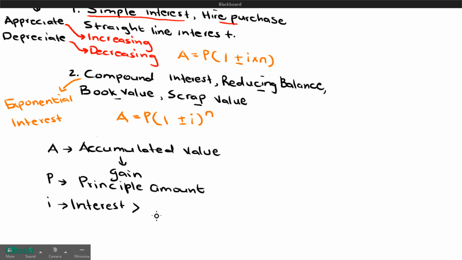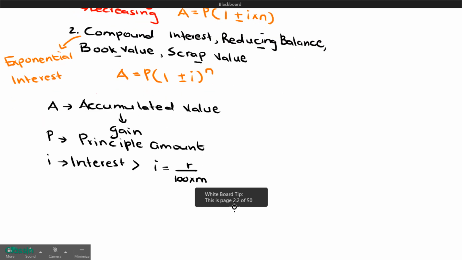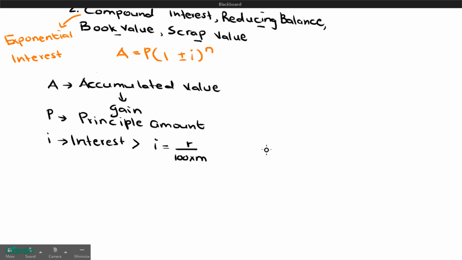It's defined by i equals r over 100 multiplied by m. To explain, what does that mean? In this case, r is the interest rate.